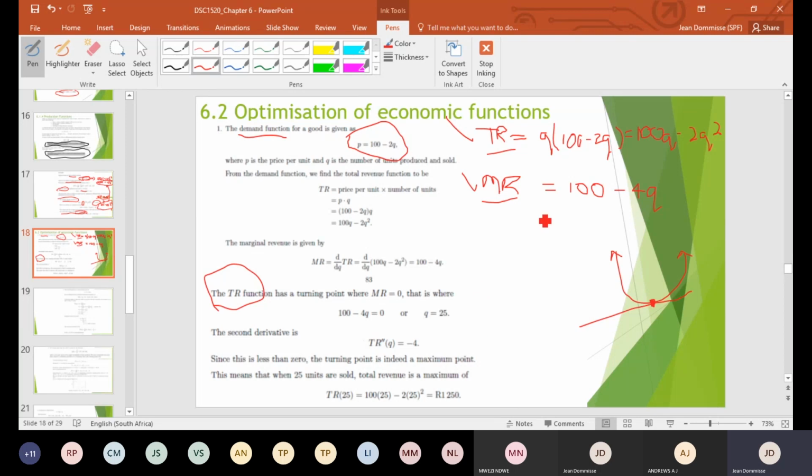So if we then need to work out what my Q and my P is, we set marginal revenue equal to 0, so 100 will be equal to 4Q. So Q is equal to 25. Okay, and then if we need to get to what the P value is, we basically put that value of Q equal to 25 back into the original.